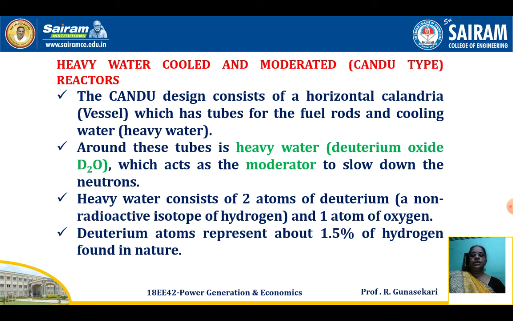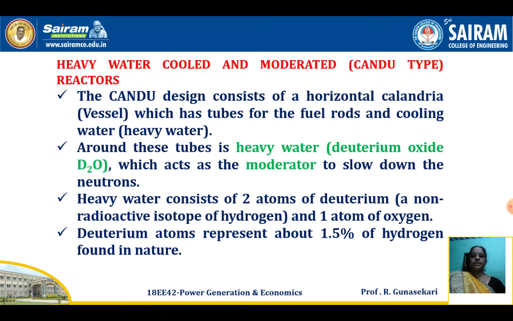The heavy water is also used as a moderator, which slows down the neutrons. Heavy water D2O consists of 2 atoms of deuterium, that is D2, where deuterium is a non-radioactive isotope of hydrogen, and 1 atom of oxygen. That's why heavy water is represented as D2O.